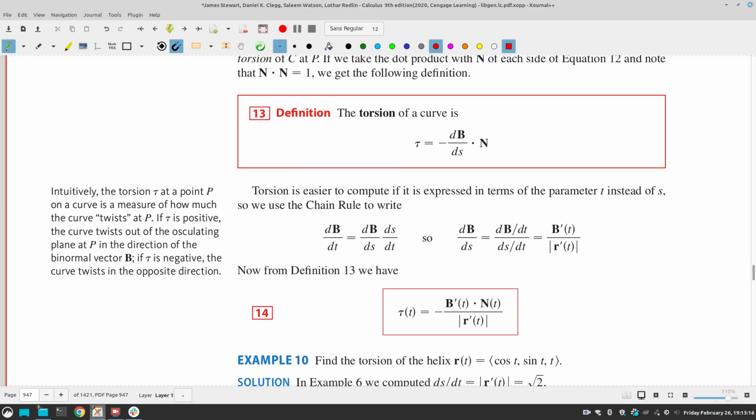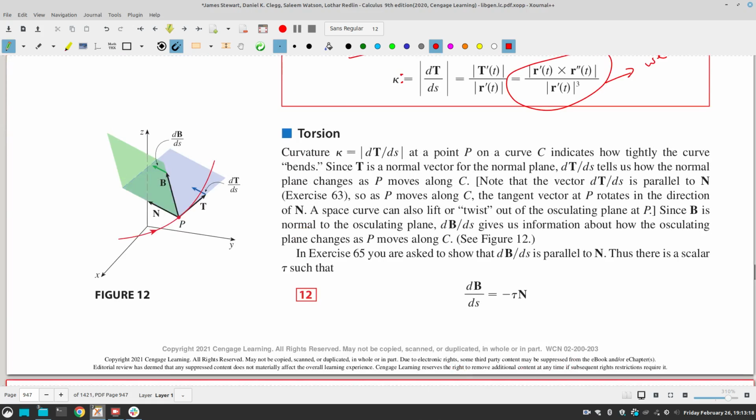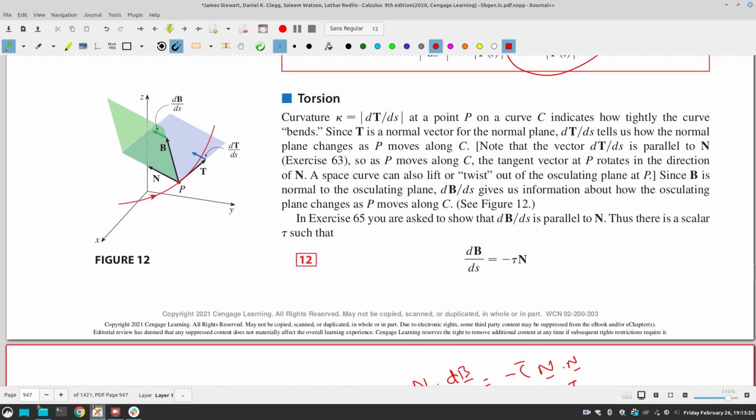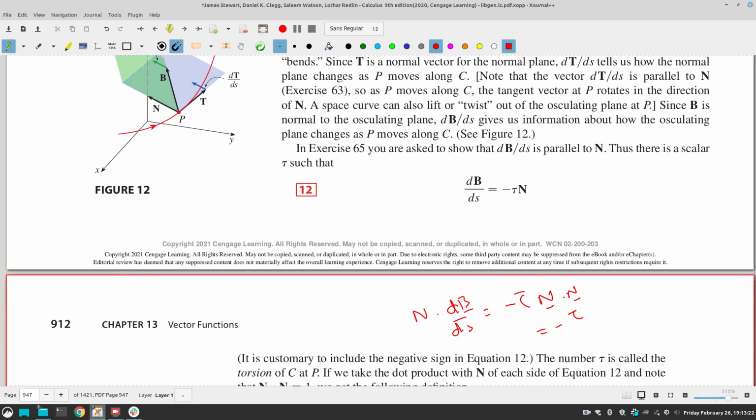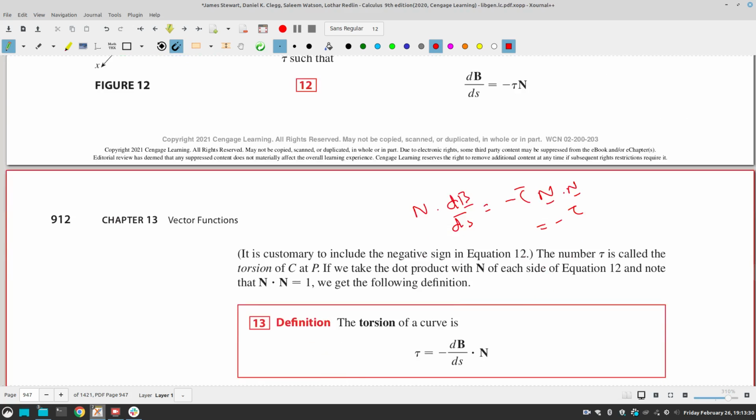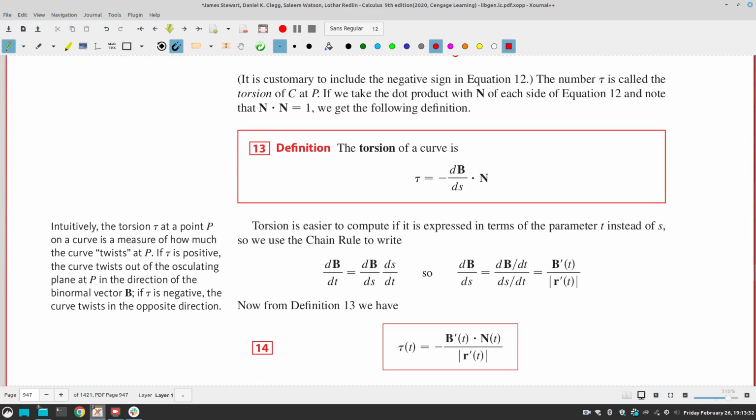It gives you a measure of how the osculating plane changes as you go along the curve.